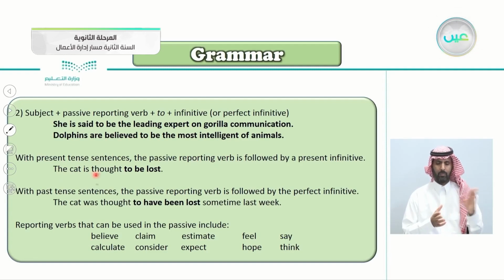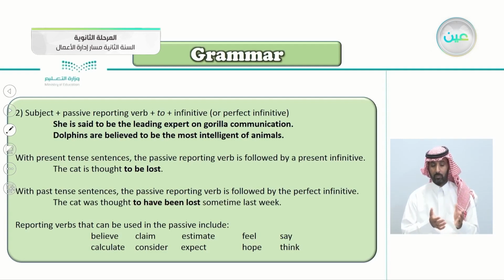So we say the cat is thought to be lost. With past tense sentences, the passive reporting verb is followed by a perfect infinitive. So we say the cat was thought to have been lost. This is perfect, that's why we have to have been lost sometime last week.